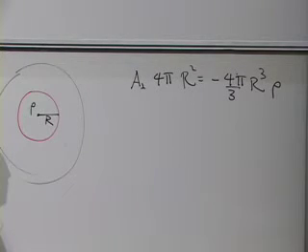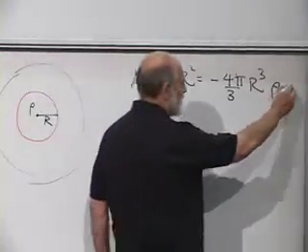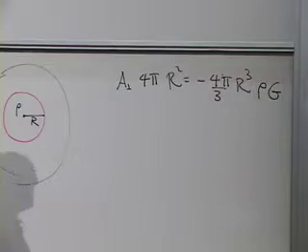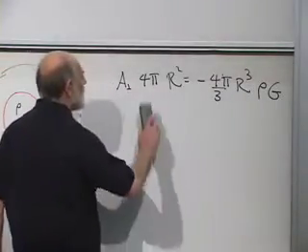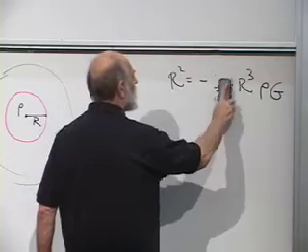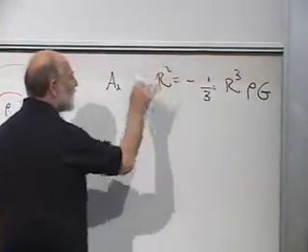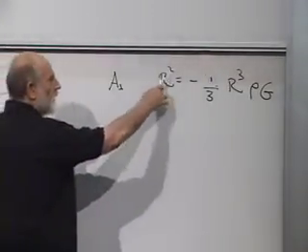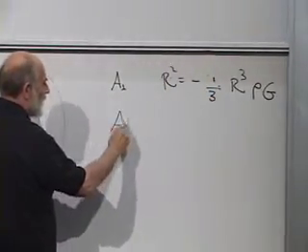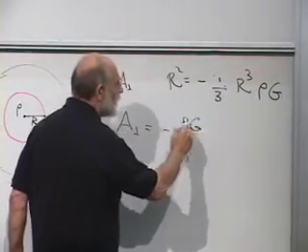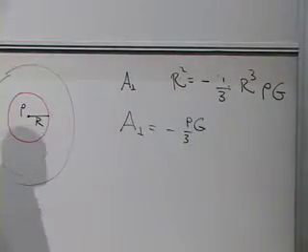Four thirds pi r cubed times rho. I think I got it right. Oh, on this side. G, good, thank you. All right, we can cancel out some things. We can cancel out the 4 pi's. And now we can divide by r squared. If I divide by r squared, what I get is A perpendicular is equal to minus 1/3 rho times G, times r.